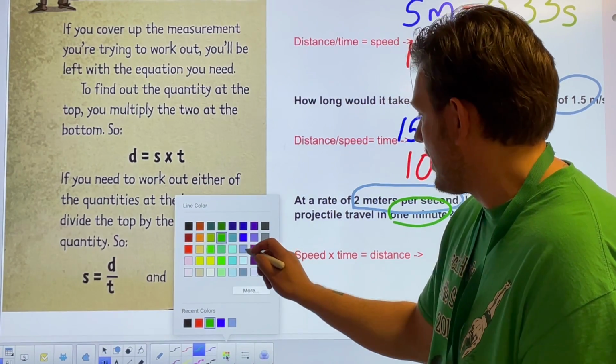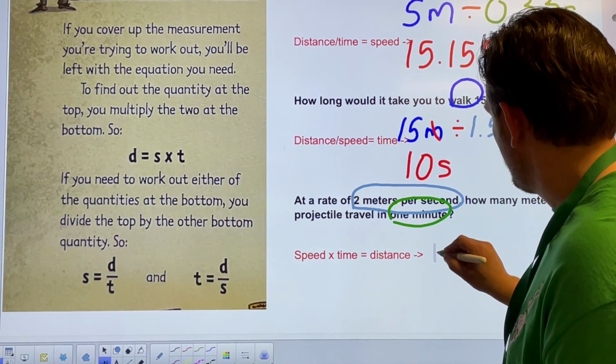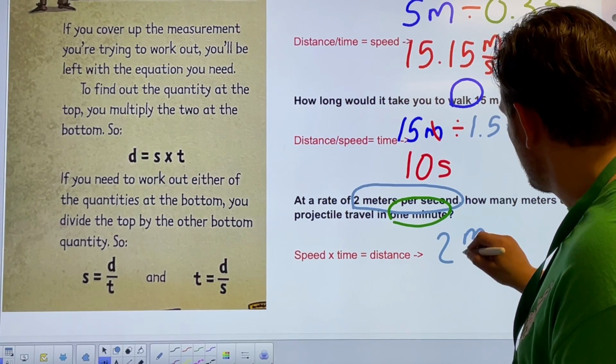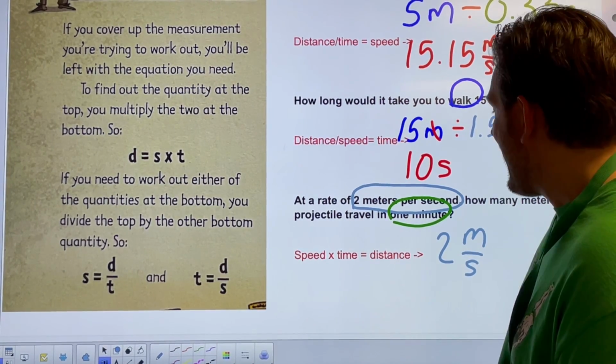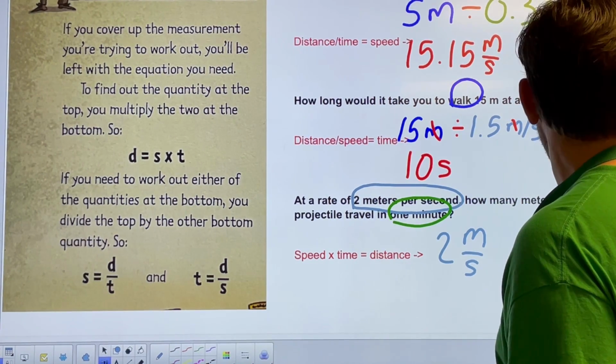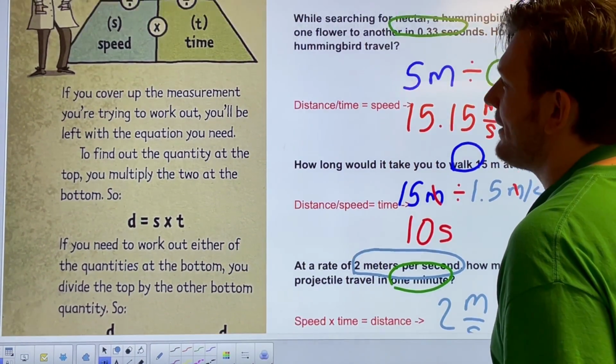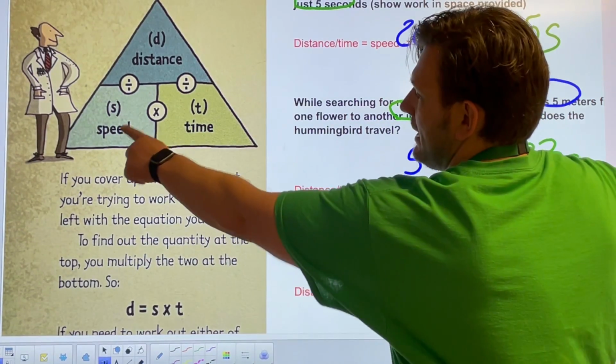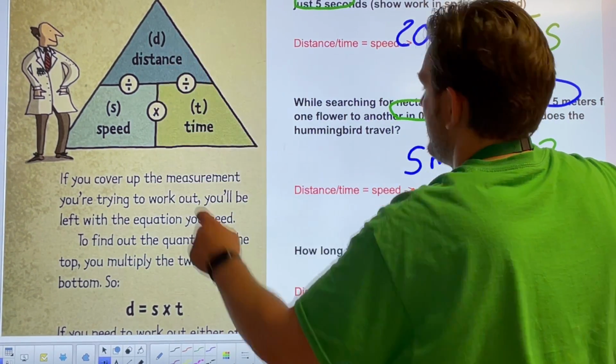I'm gonna use my colors. I like to use the colors. 2 meters per second, okay? And then I traveled for, well, 60 seconds, right? It's 1 minute. So let me just scroll this up. And if you go back up there, speed multiplied by time will give me the distance.